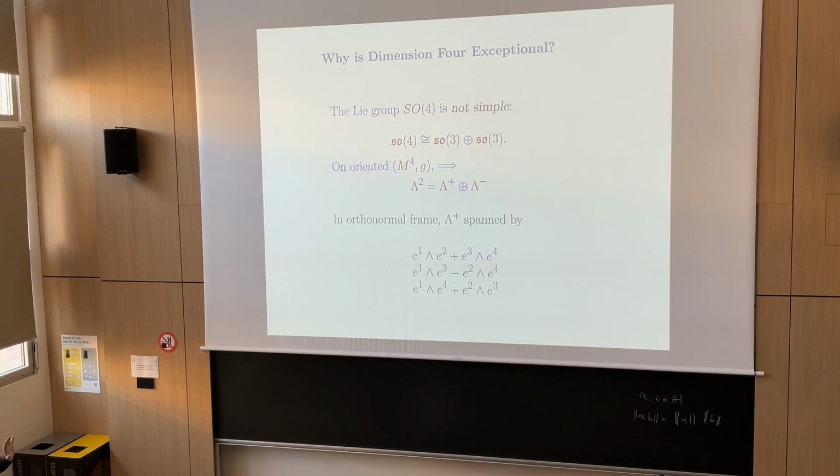So the point is that as you apply an element of SO4, it turns out that there's an induced action on R3, taking these to be the basis. So every 4-dimensional rotation gives rise to a 3-dimensional rotation on the self-dual 2 forms.